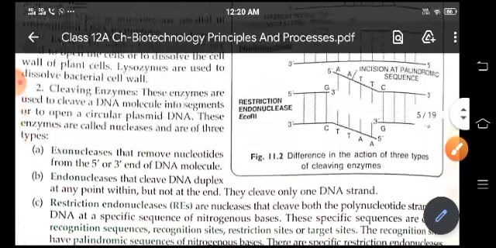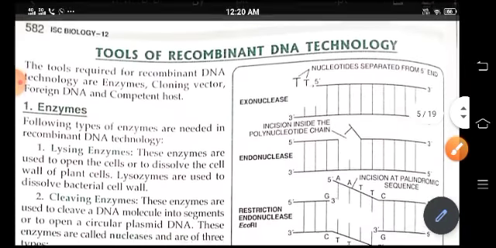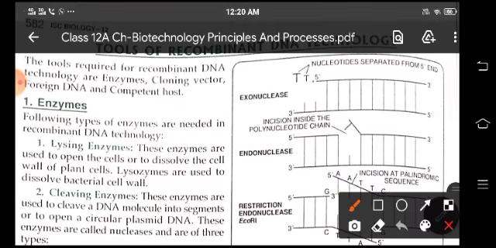So here, children, see the exonuclease, endonuclease, and restriction endonuclease. These are the two strands of DNA. Exonuclease can cleave the strand at the 5' or 3' end. Endonuclease cleaves the DNA molecule on only one strand in between.